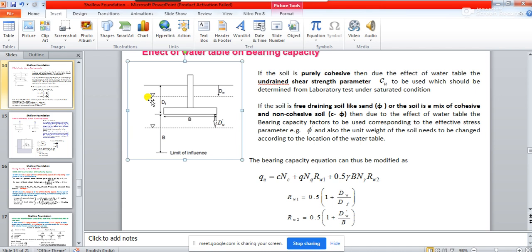Or if you want to avoid everything, then you just use this Rw1 factor, because this Rw1 factor takes care of the change of the unit weight of soil due to the effect of water table. So what I suggest, when you will be applying this formulation for Indian Standard Code, you just use the same idea whatever you have understood for this water table correction for bearing capacity.